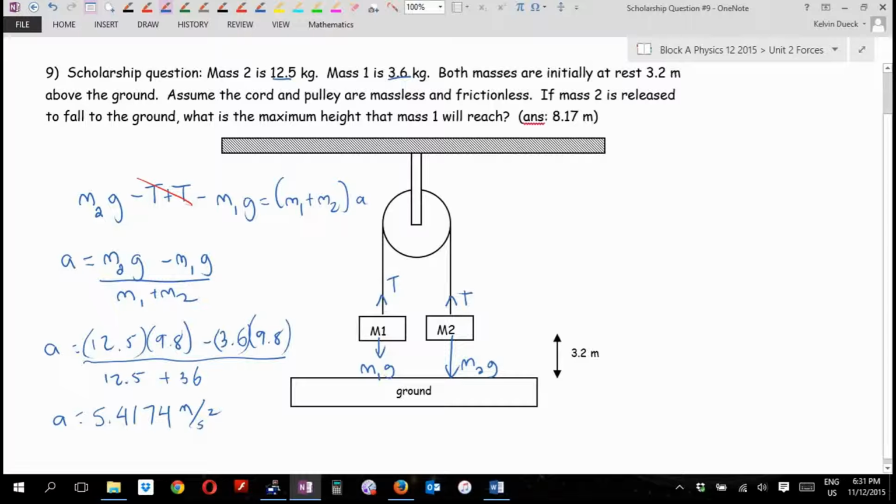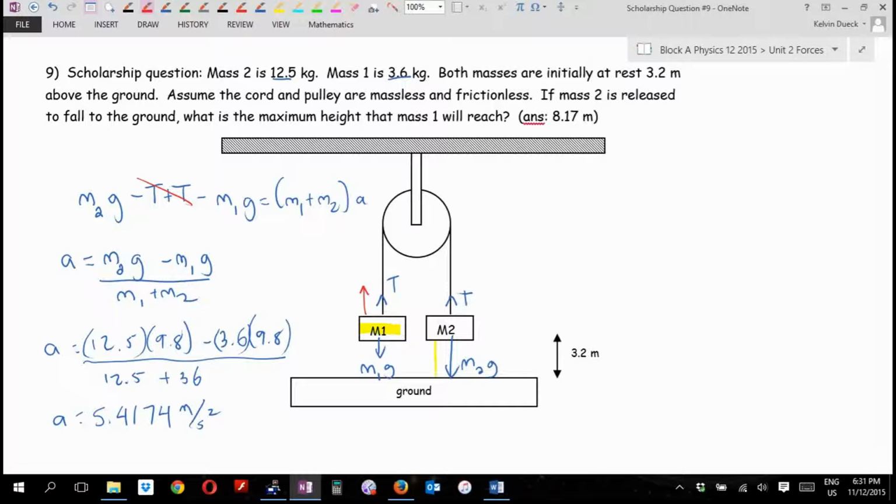My second question is, how far will mass 1 move? How far will it be traveling under acceleration? Well, it seems to me mass 2 can only fall 3.2 meters before it hits the ground. So mass 1 is going to move up by 3.2 meters.